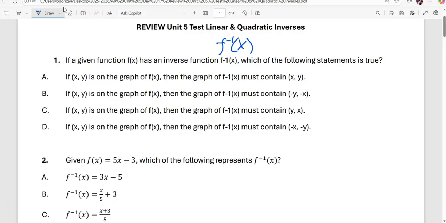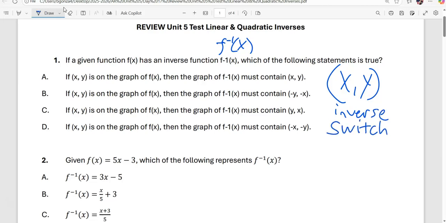If (x, y) is on f of x, so it says that on all four of these answer choices, then the graph of f inverse of x must contain... and so remember, when you do an inverse of (x, y), inverse is when you switch x and y. So now it's going to become (y, x). So the answer is C. (x, y) becomes (y, x). They just switch.